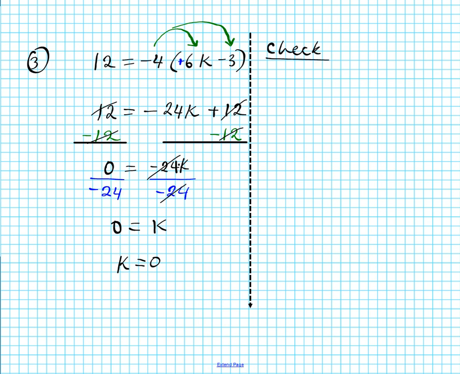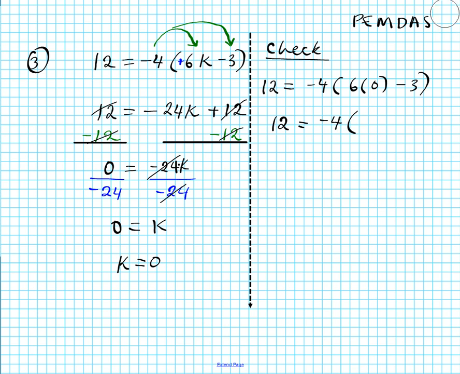We're going to plug our answer into the original problem. So we're going to have 12. Is 12 equal to negative 4 times 6, parentheses 0, minus 3? If I simplify this, do I have a true statement? We're going to use PEMDAS, please excuse my dear Aunt Sally, and deal with the parentheses first.